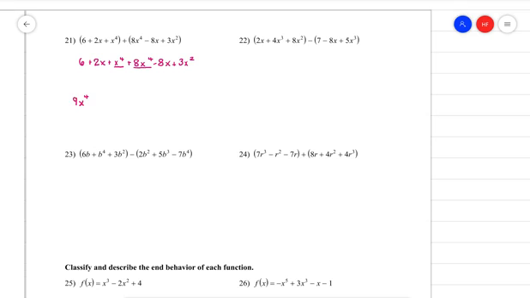Then we would look for a cube. We don't have any. Move to the next one, a square. We got this guy here. So plus 3x squared. Then x's, we have 2x minus 8x, negative 6x. And then lastly, that constant that's all by itself, which is plus 6.